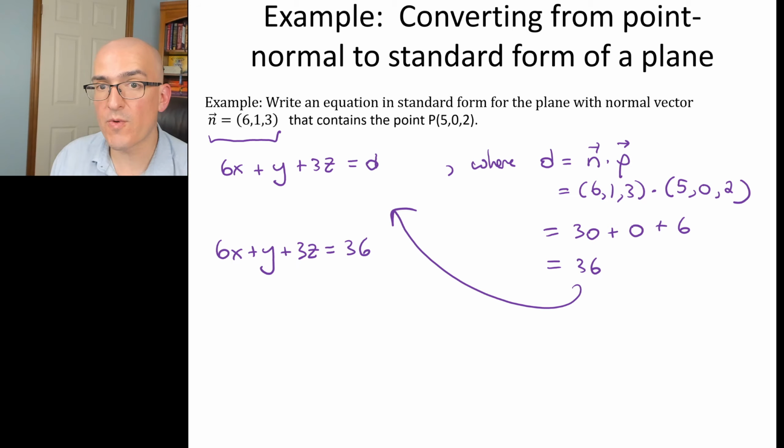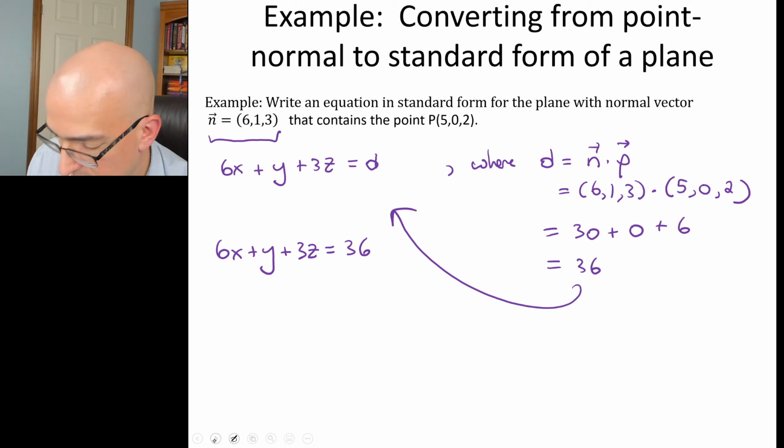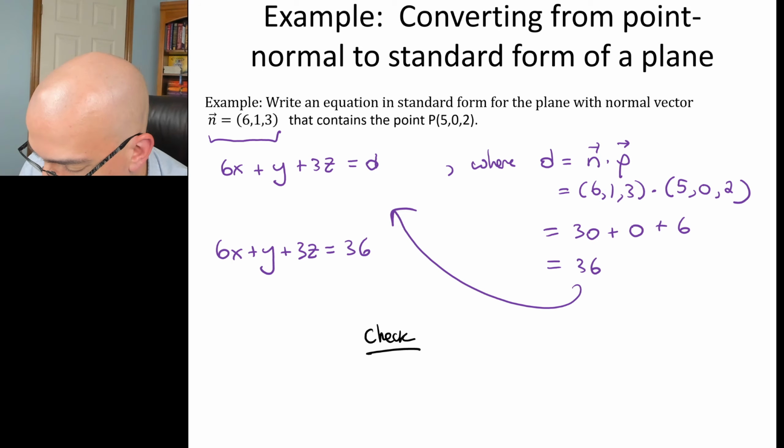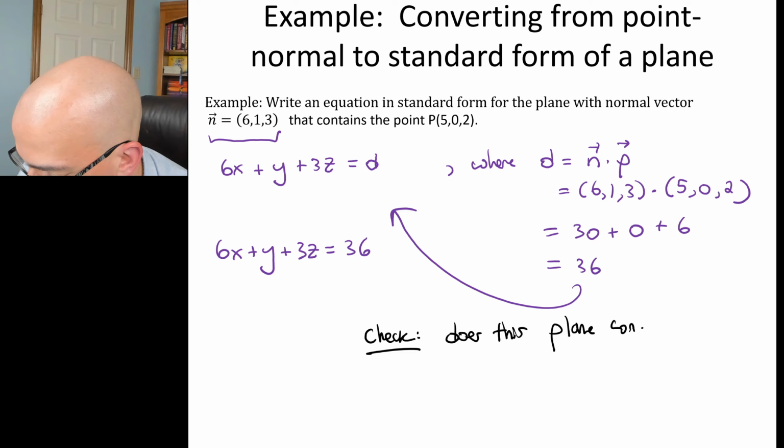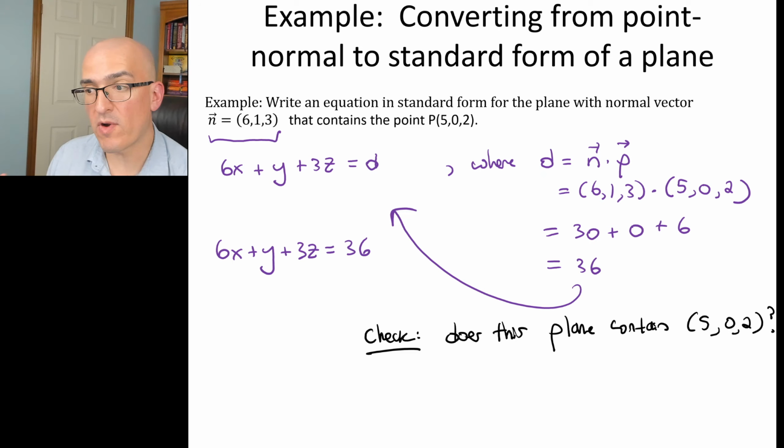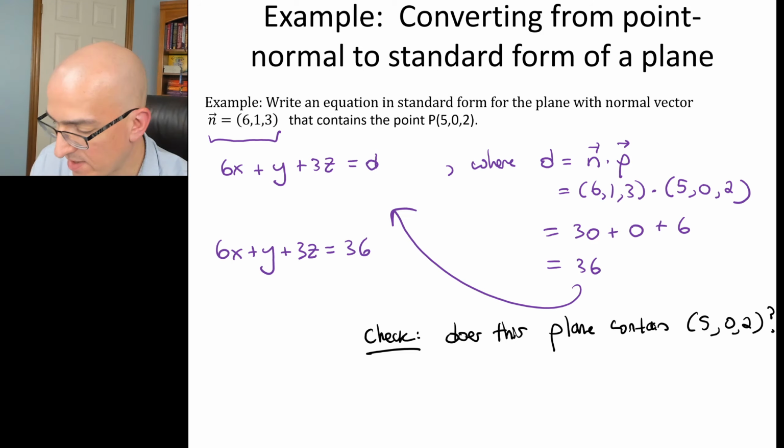And it's worth doing a quick check. This time I'll write down the check. Does this plane contain (5, 0, 2)? So if it contains the point (5, 0, 2), when we replace x with 5, y with 0, z with 2, we'll have left-hand side equals right-hand side.